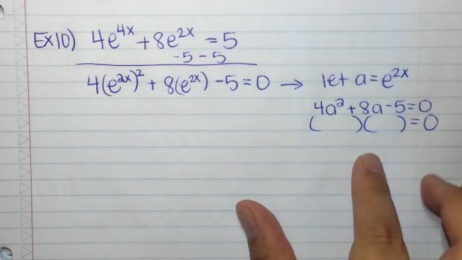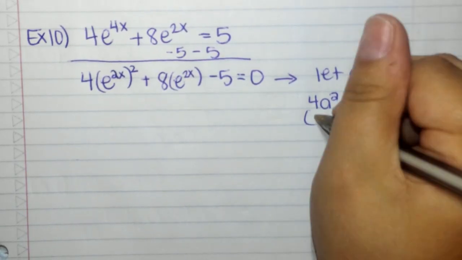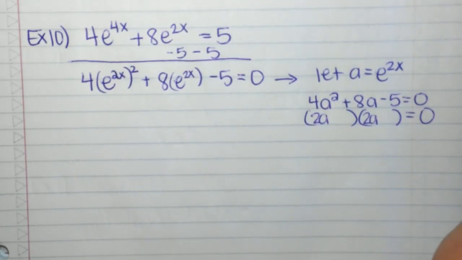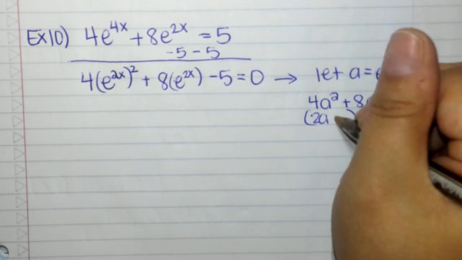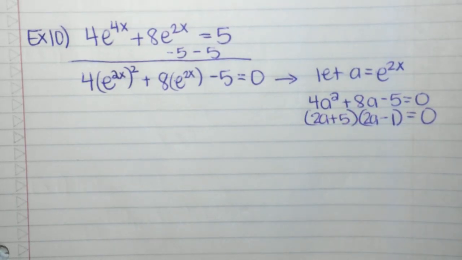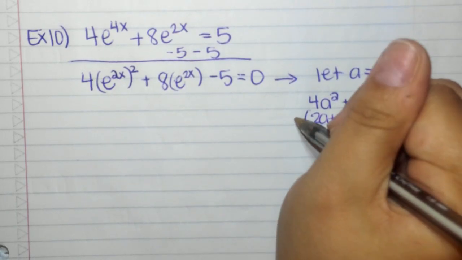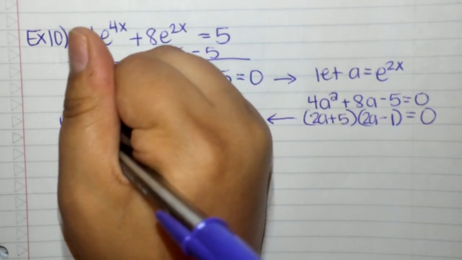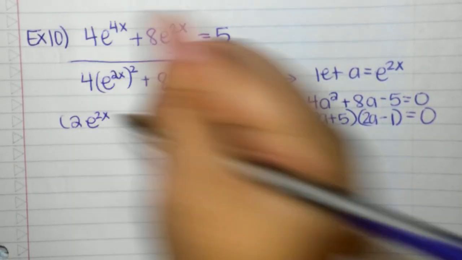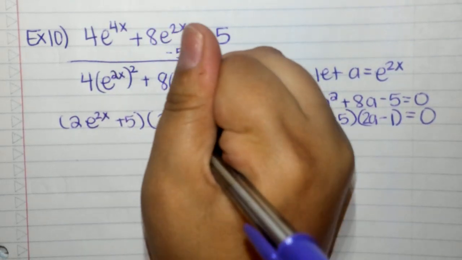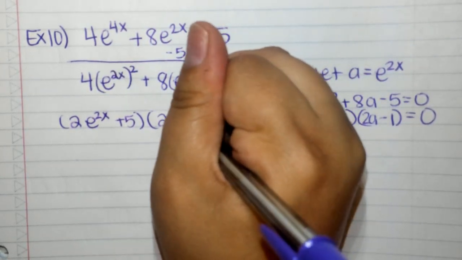What did y'all get for the factors here? 2a plus 5, 2a. Okay. And remember, this time a is e^(2x).